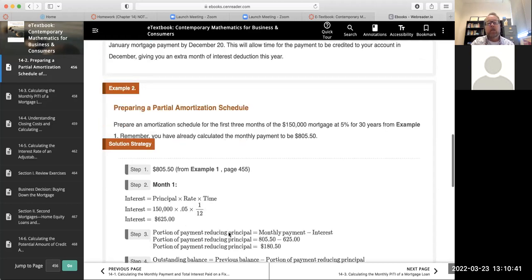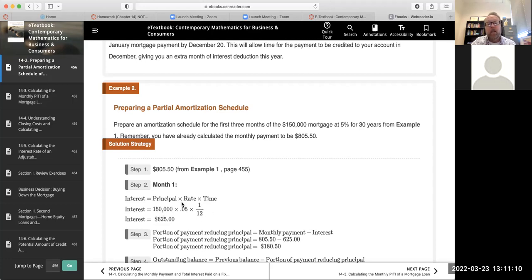So the first thing we need to do is go back to when we were figuring out simple interest on any amount. In this case, the principal was 150,000 at a 5% interest rate, and we're going to look at 1 month out of the year. How much interest would you pay? So we did 1 over 12. If you remember, when we did simple interest, we followed this formula.